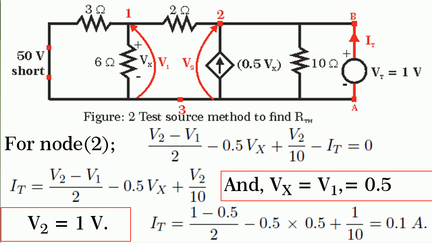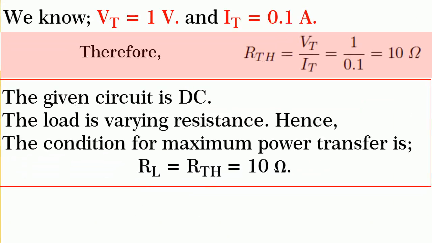We know that V1 is equal to 0.5 volts, V2 is equal to 1 volt and Vx is equal to V1 is equal to 0.5 volts. Substituting and solving for It, we get It is equal to 0.1 ampere. Therefore, RThevenin is equal to Vt divided by It, that is 1 divided by 0.1, which will give us 10 ohm.